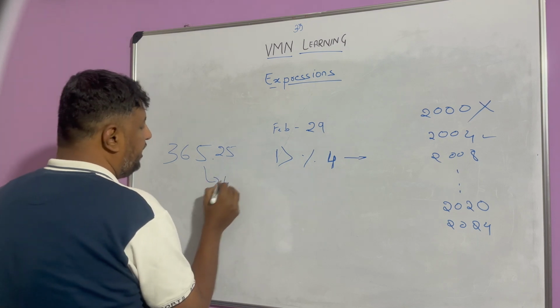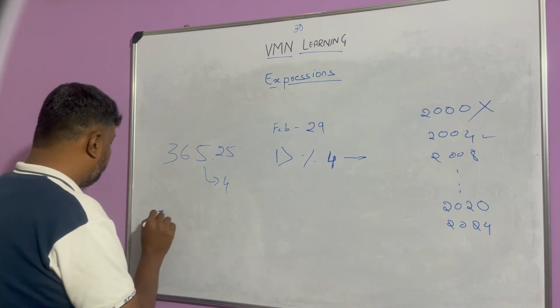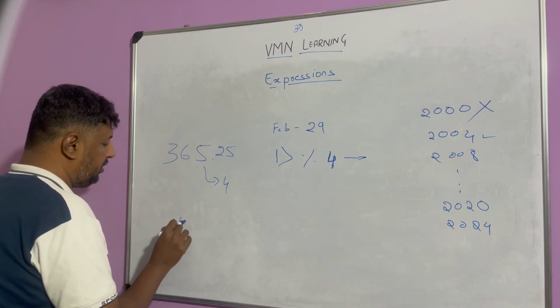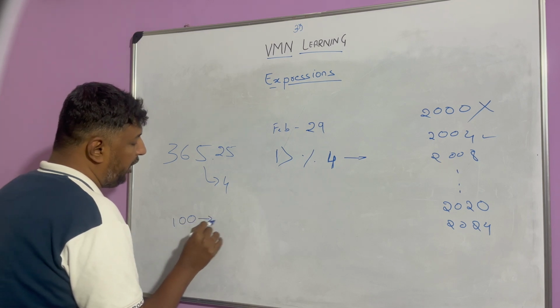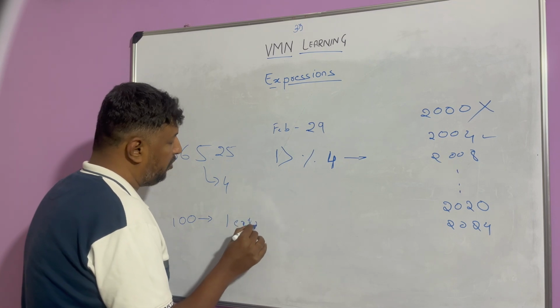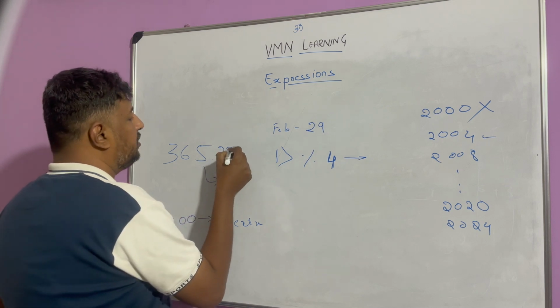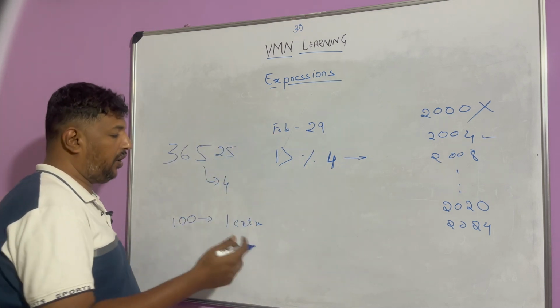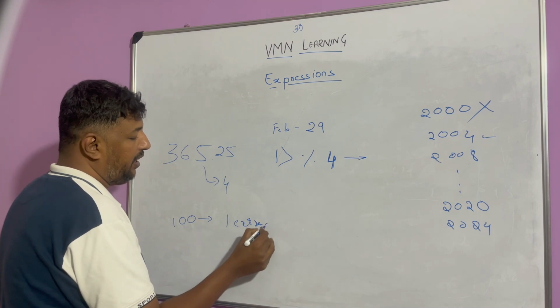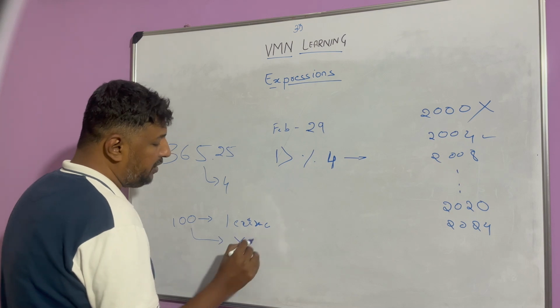But even if we add that, over a period of 100 years we would have added one extra day, because it's not exactly .25, it is .25 plus. So we would have added an extra day. To reduce that, every 100 years we will not add it as a leap year.